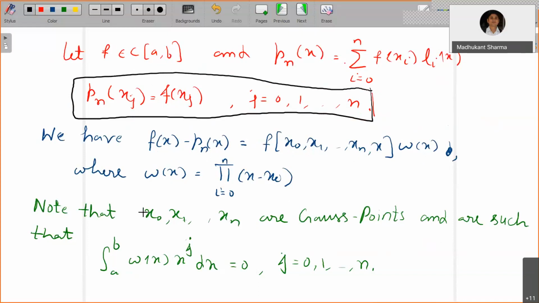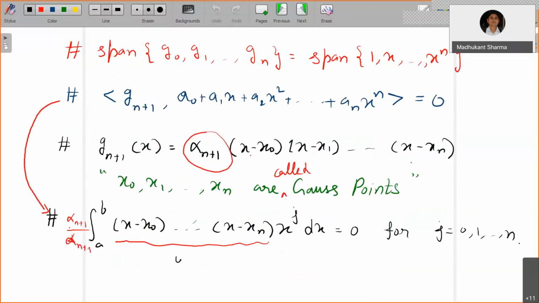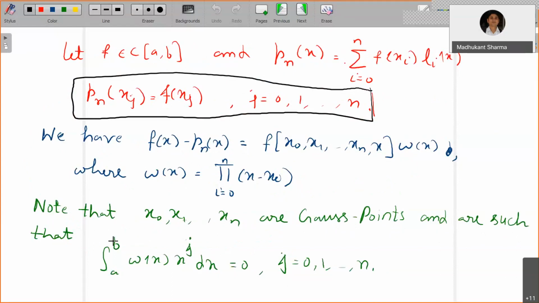Now, note that we have chosen x0 to xn as Gauss points, and they are such that, if you see, w of x times x to the power j dx integrates to 0. So they are such that this result holds true. What we are going to do is use a technique similar to what we used in the Gauss 2-point rule, Simpson's rule or midpoint rule.